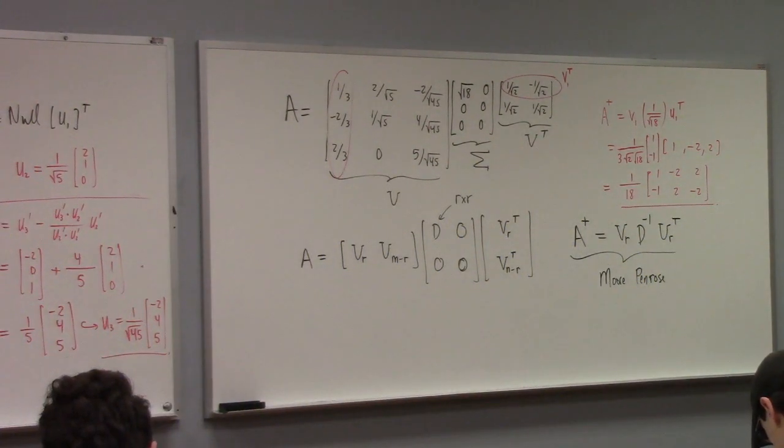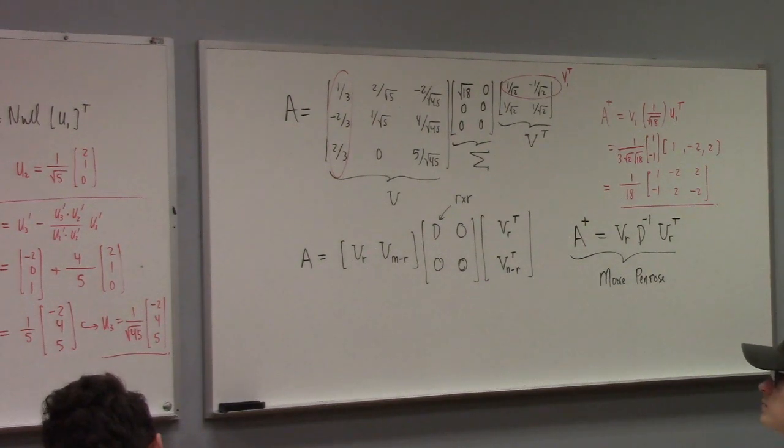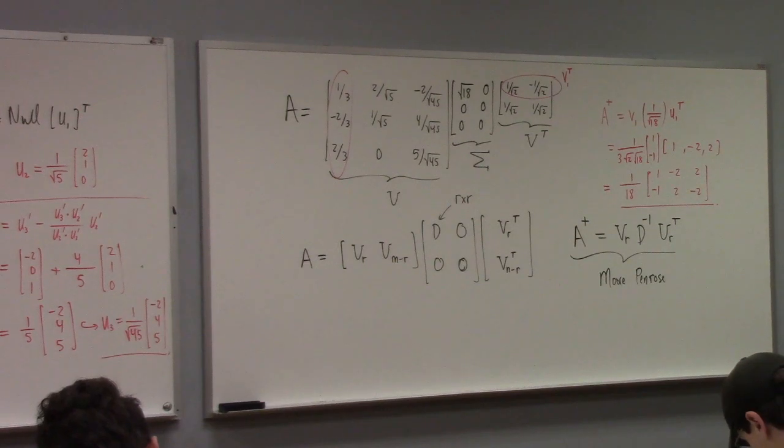All right, so I hope I've given you enough. This is pretty much it. Let me just tell you, in the take-home test, there are 3 problems on the singular value decomposition. 2 of those problems are very related to the book problems.